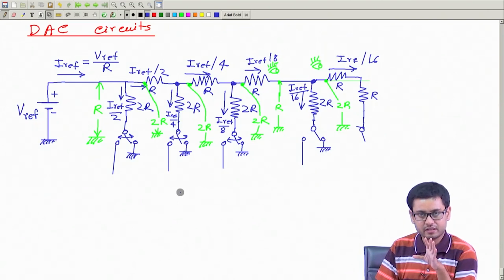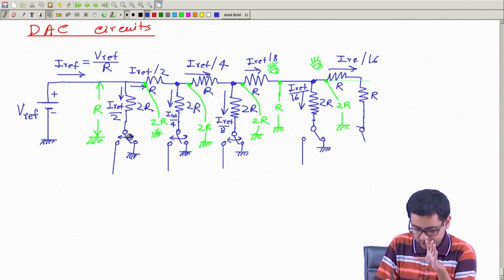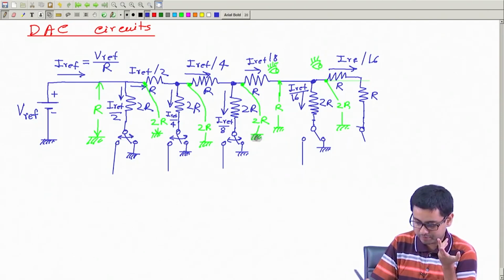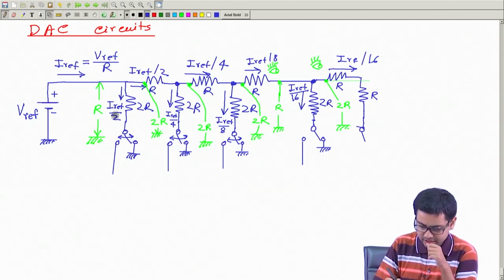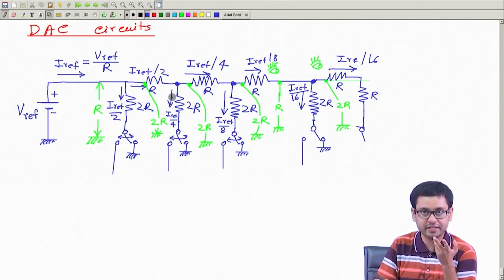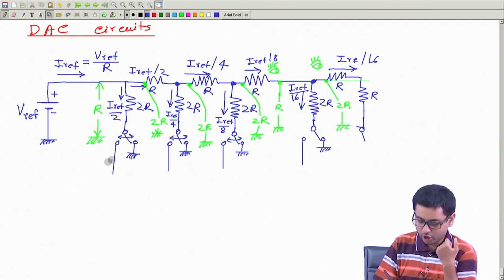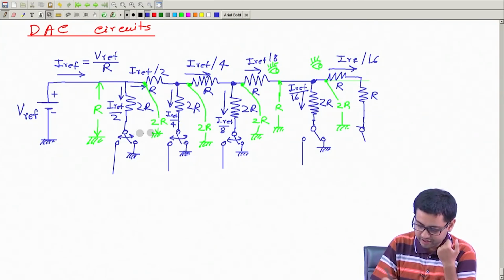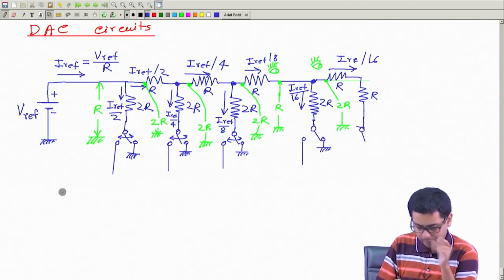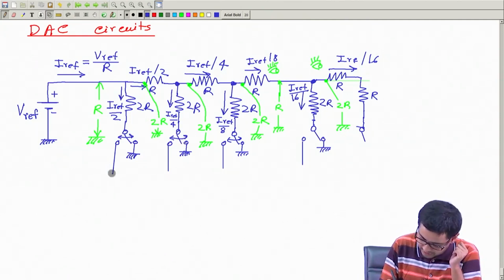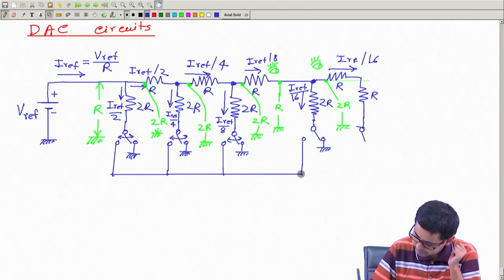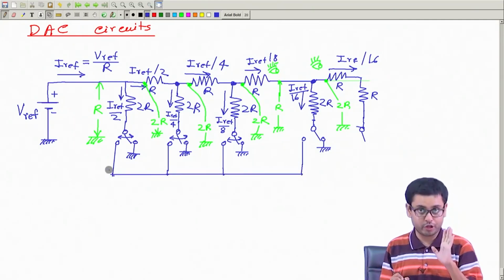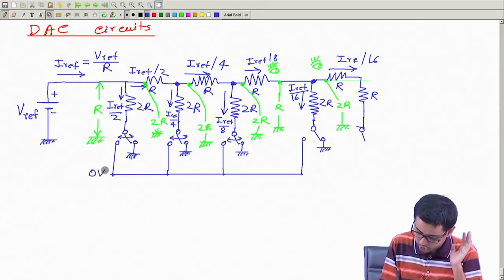But if we connect it here, one of them or many of them, then the current distribution may not be like this, because we have calculated this assuming these are connected to ground. But I will ensure that this potential is 0 volt.